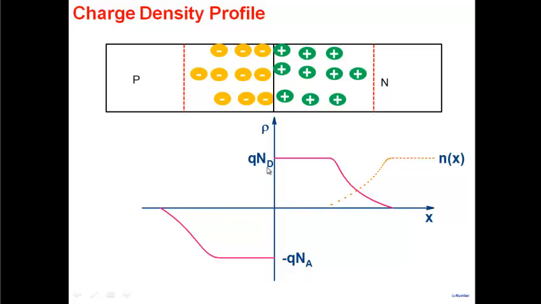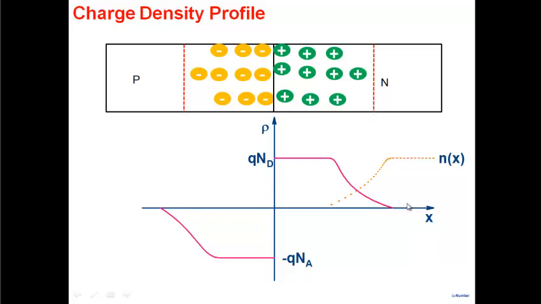Something similar happens here. So we expect that the charge density in this region will be constant, then starts to decay in some manner and eventually goes to zero. That's what we expect in this space charge region.